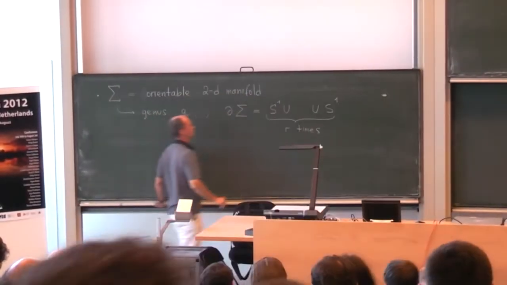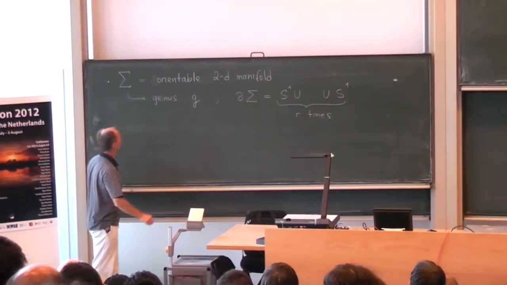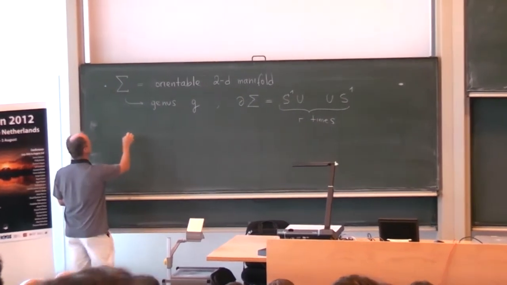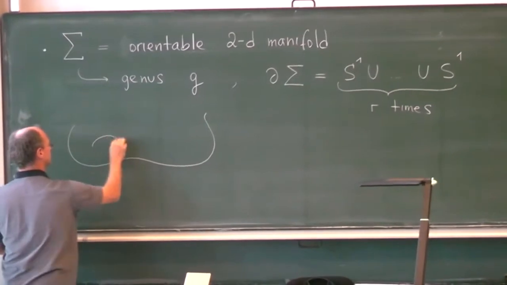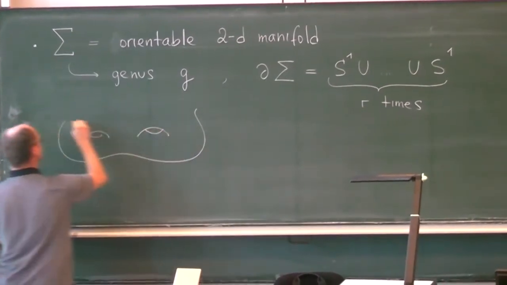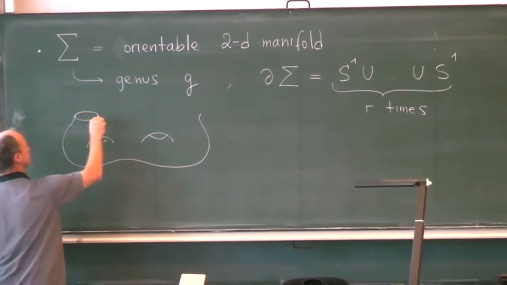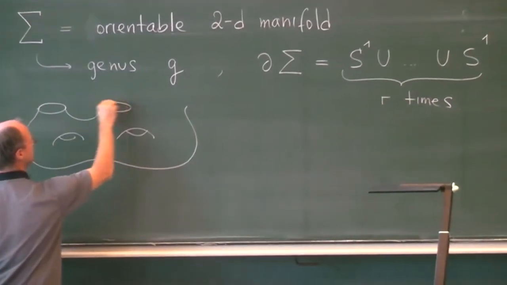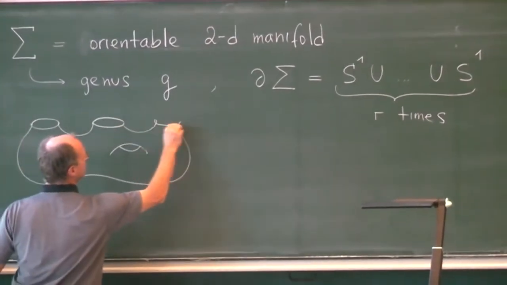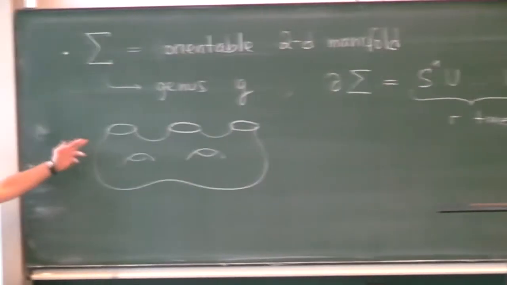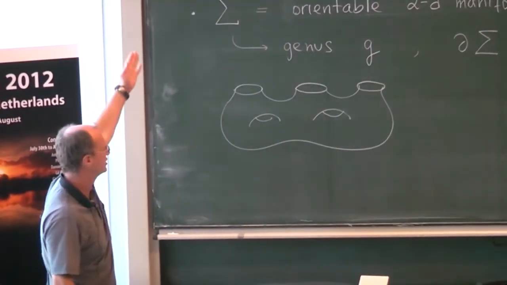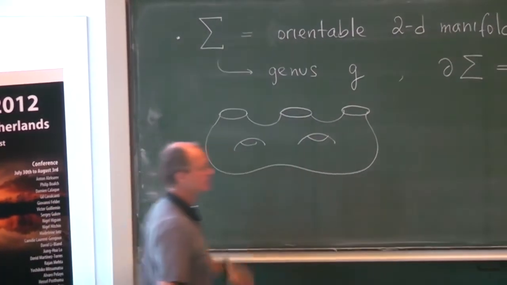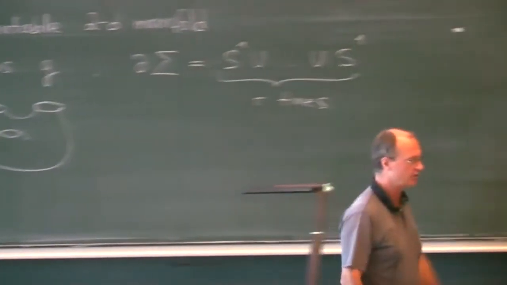For instance, here we fix R copies, and we can imagine something like this. So there will be several pieces in the boundary, and maybe there are some holes inside. We fix an orientation, and that's our first piece of data that we need.